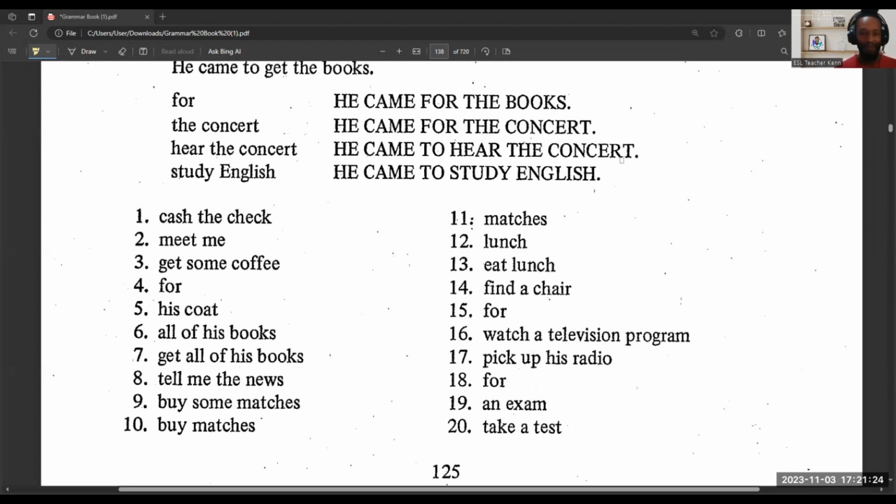Tell me the news. He came to tell me the news. Buy some matches. He came to buy some matches. Buy matches. He came to buy matches.